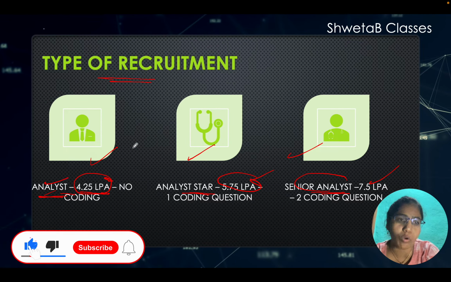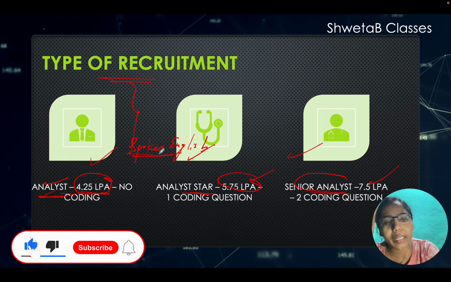Once you clear all the rounds up to spoken English, you will not be writing any coding round. You can directly enter the HR round, and based on your HR interview, the 4.25 lakh package will be offered to you. I hope you understood this.